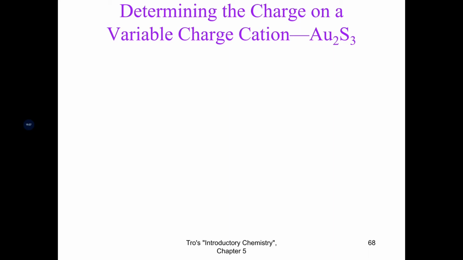Before we can name it, we need to determine what that charge is, and that's the trick here. We are going to use the monoatomic anion, in this case the sulfide ion, to determine what the charge is going to be.